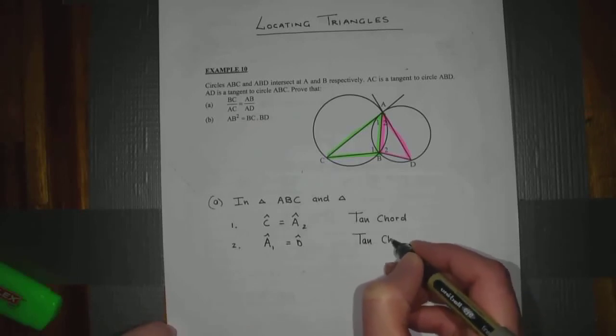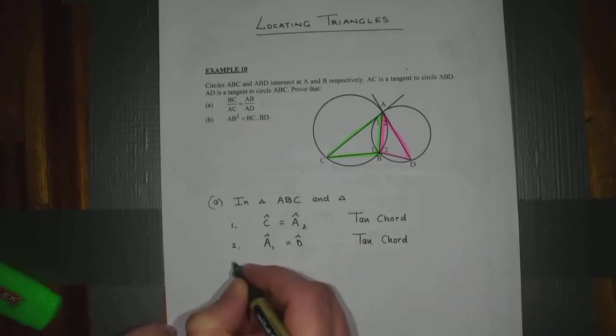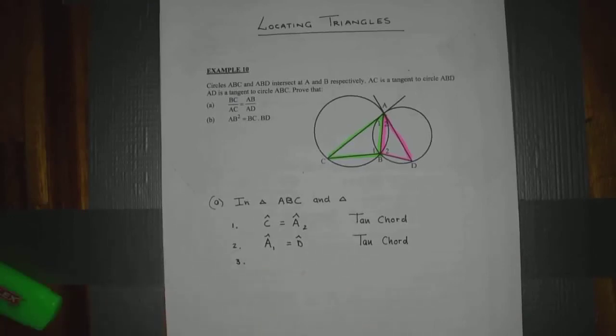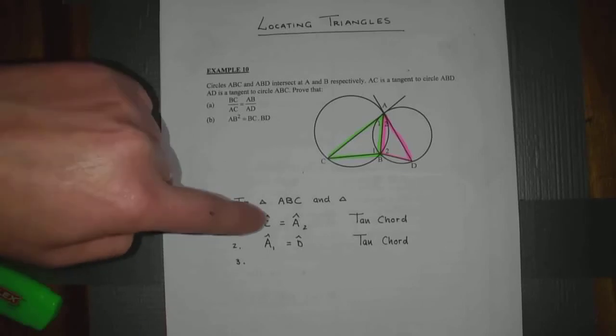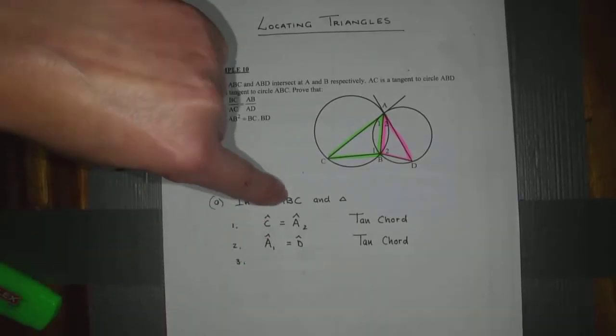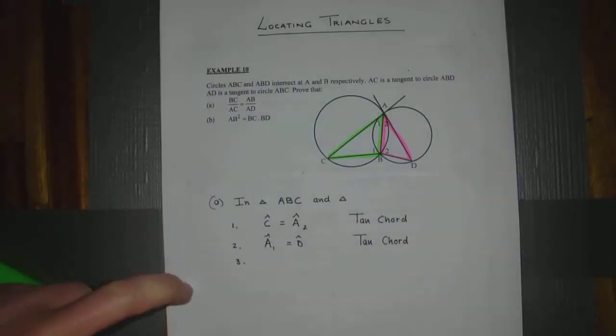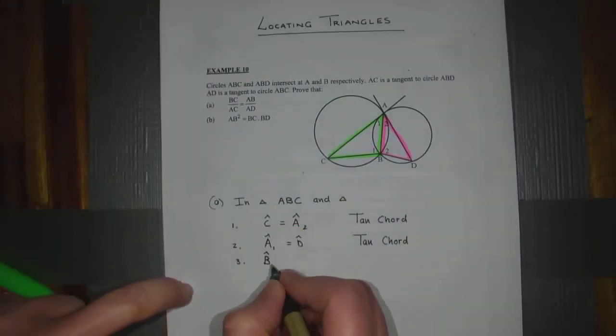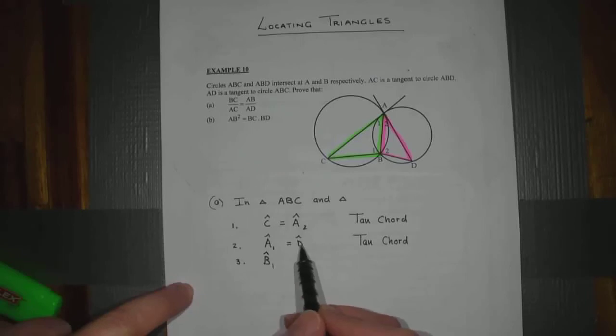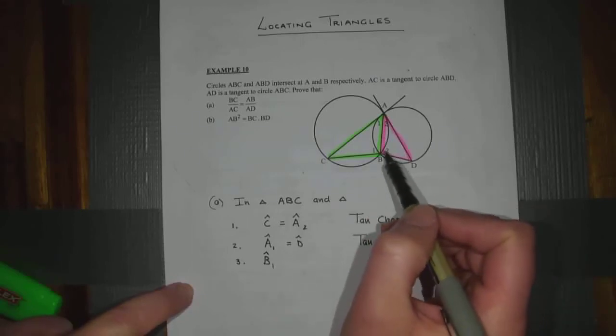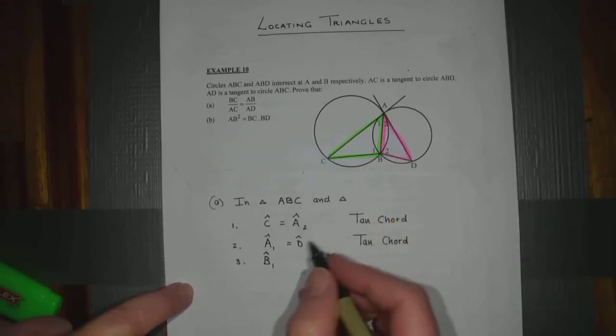Which means the last set of angles, and this is why it's such an advantage to write the first triangle, all the angles like this, because now I see it's triangle CA, what's missing? Angle B is missing. So that's going to be B1. And there I've got angle A, angle D, so I'm missing angle B2.